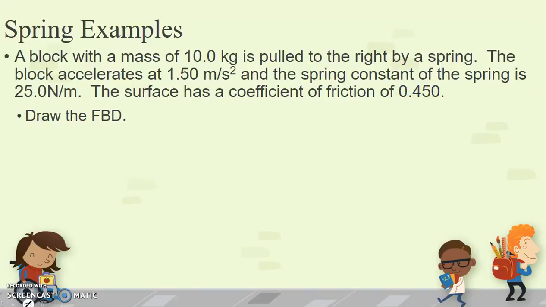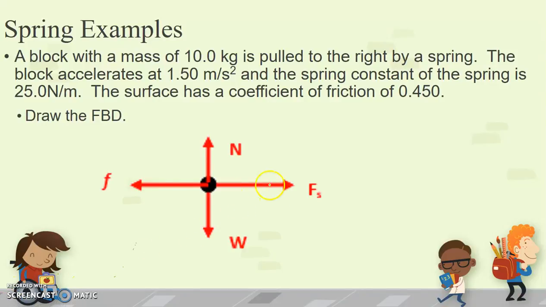It says draw the free body diagram. So we have the box that's right here. We know that the weight is pulling it down. We know the normal force is going opposite in the direction of the weight. We have the force of the spring, and then we also have friction, which is pulling it in the opposite direction.